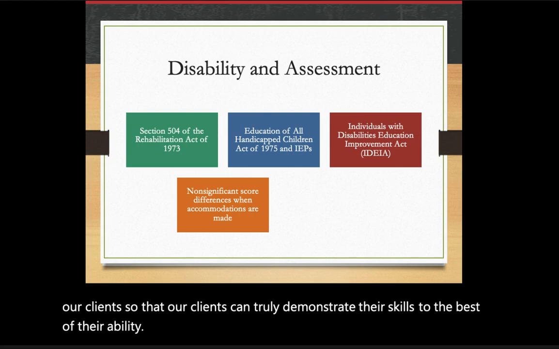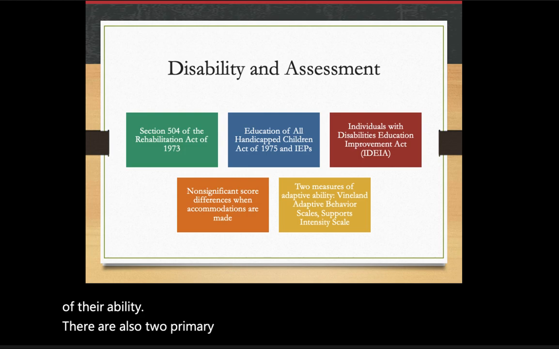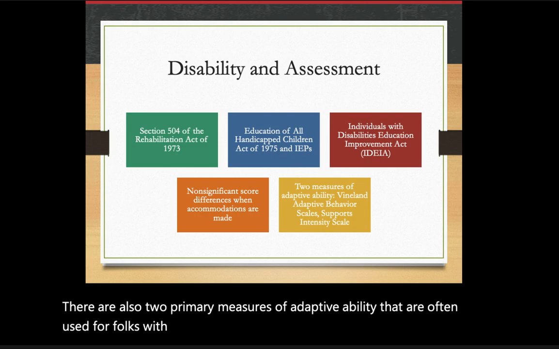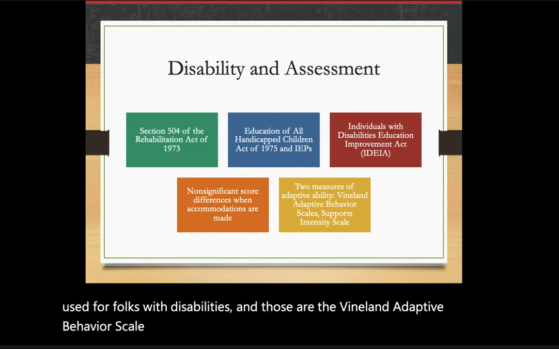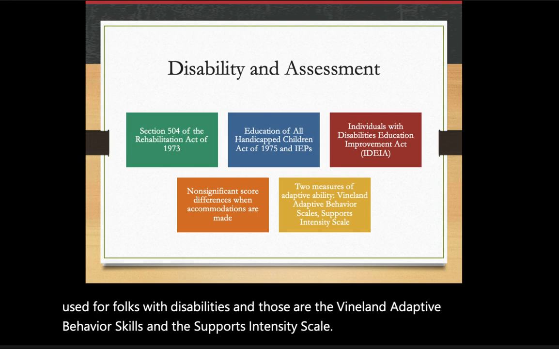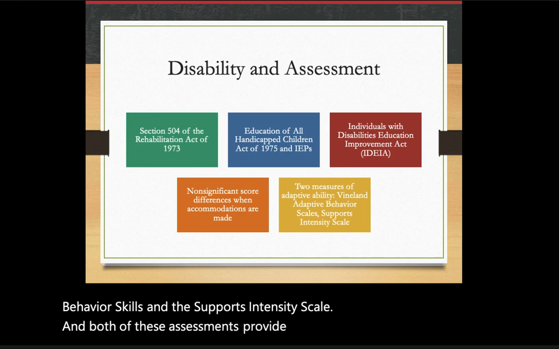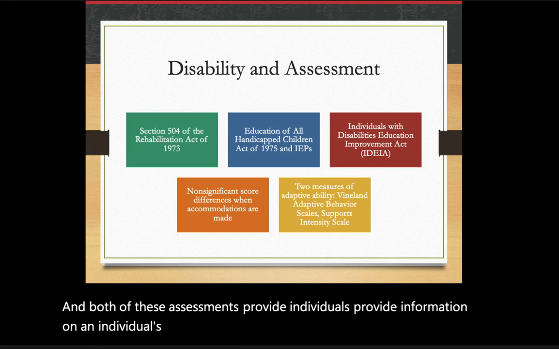There are also two primary measures of adaptive ability that are often used for folks with disabilities, and those are the Vineland Adaptive Behavior Scales and the Supports Intensity Scale. And both of these assessments provide information on an individual's daily living skills as well as their social, behavioral, and physical skills.